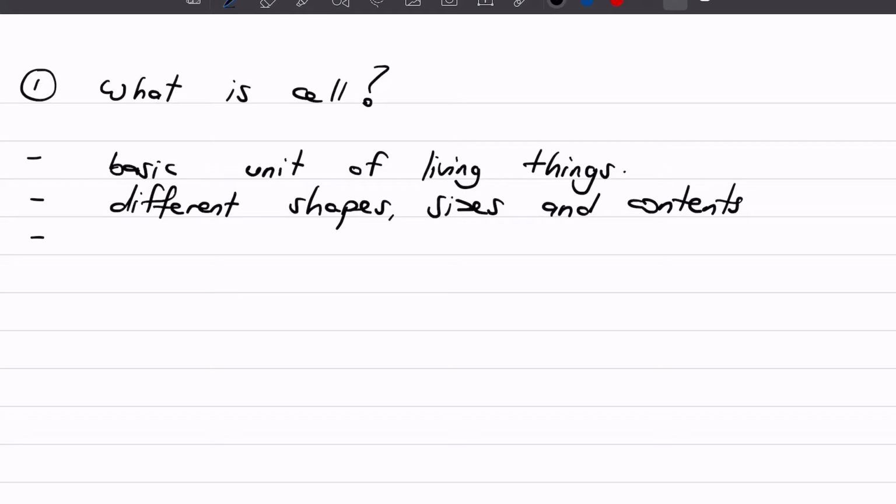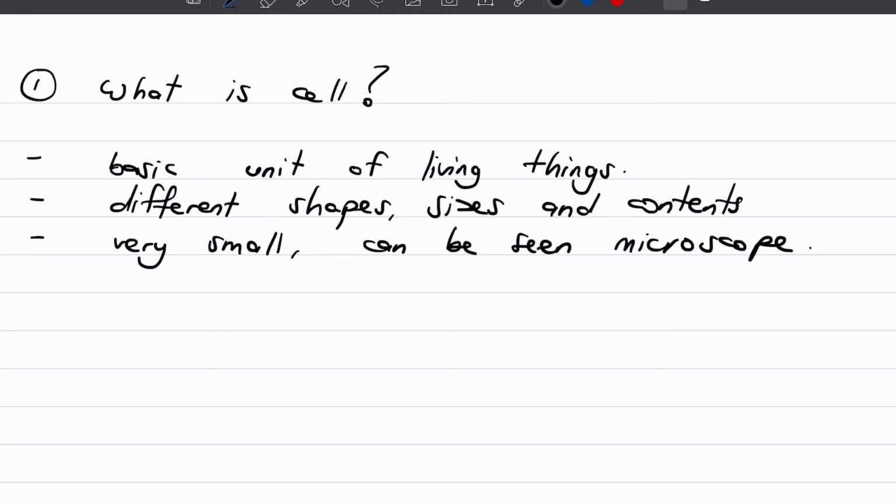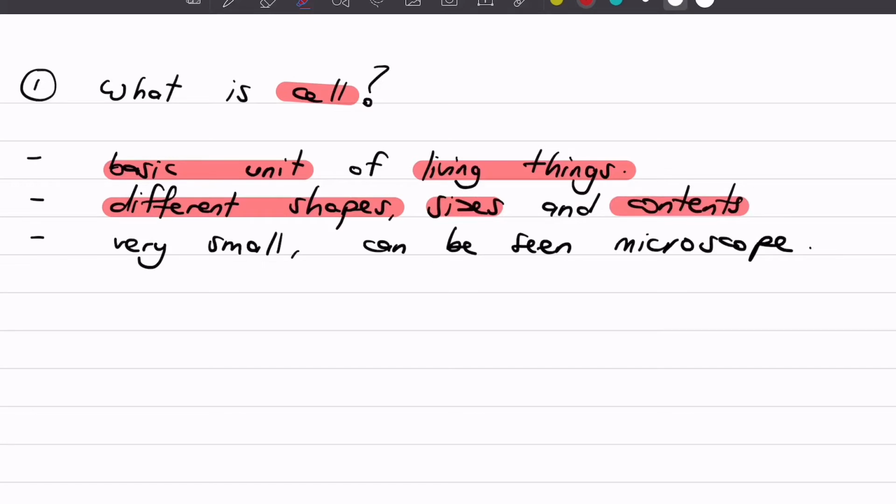And cells are very small. They can only be seen under a microscope. Okay, so this is the meaning of a cell. A cell is the basic unit of living things. They are different in shapes, sizes, and contents. They are very small and can only be seen through a microscope.